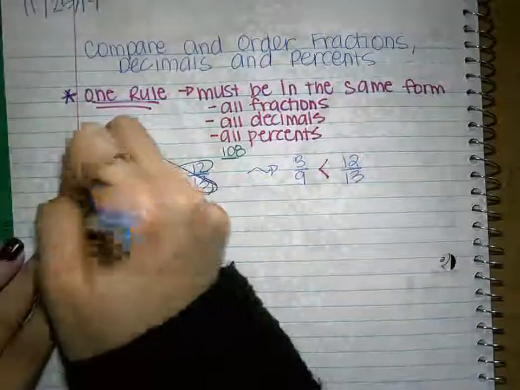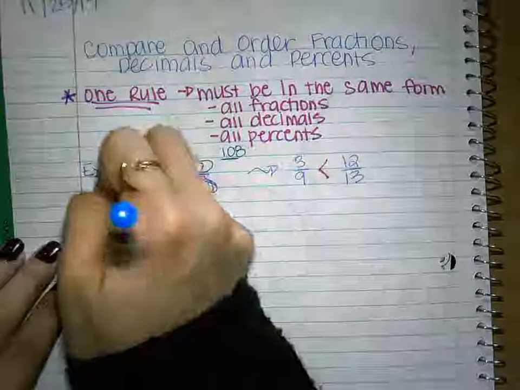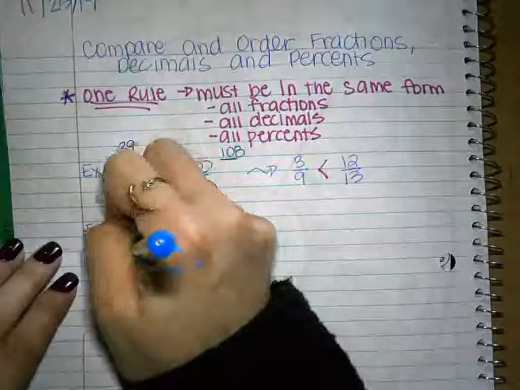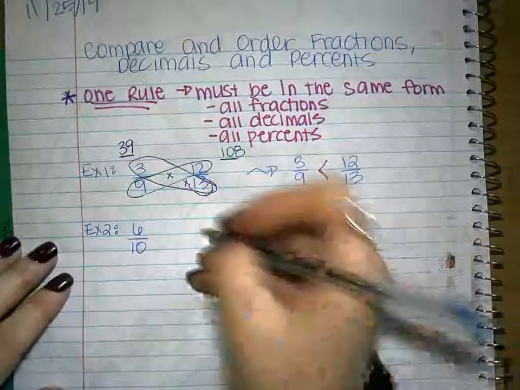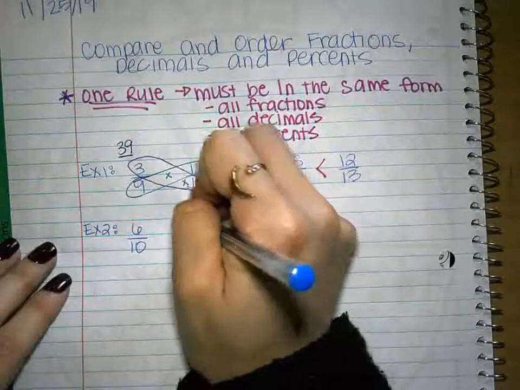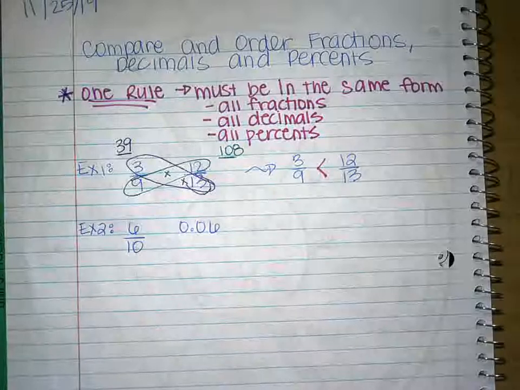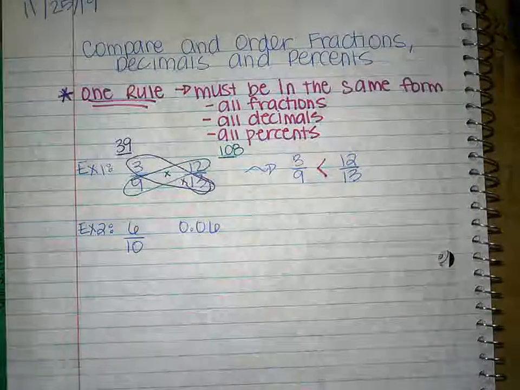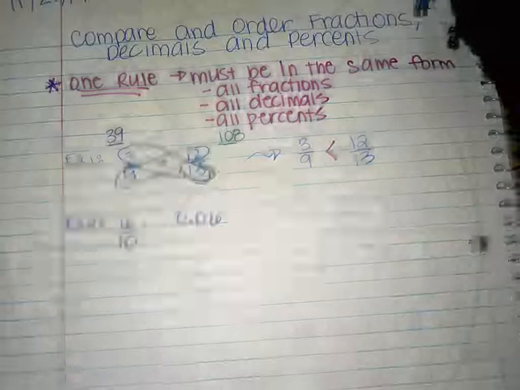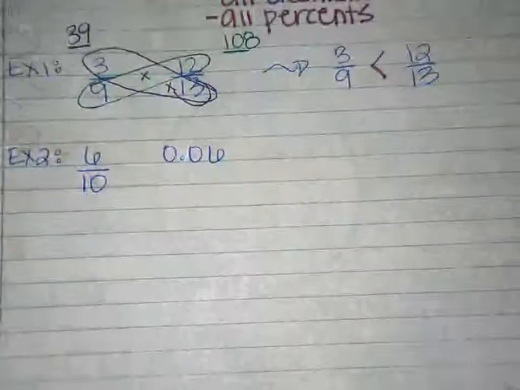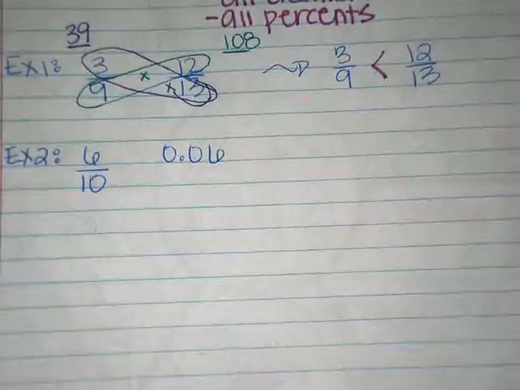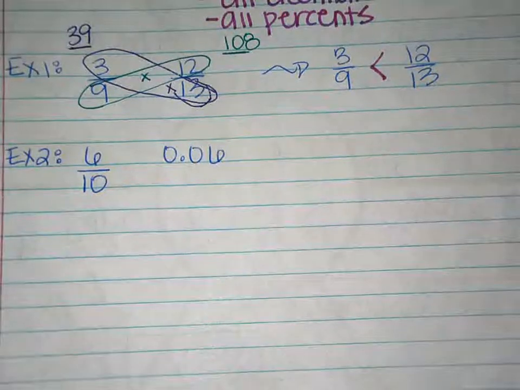Okay, example 2. I want to compare 6/10 to 0.06. I now have a fraction and a decimal.